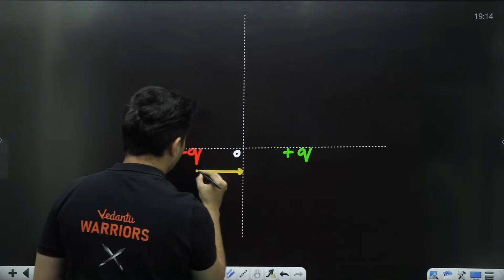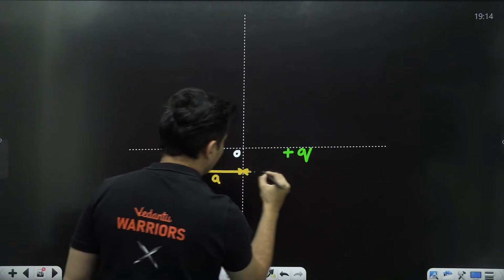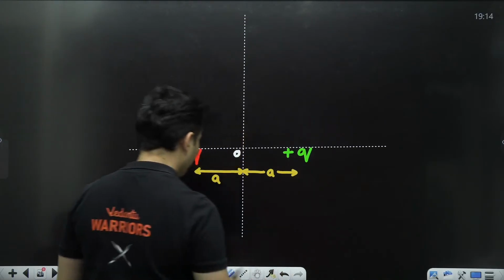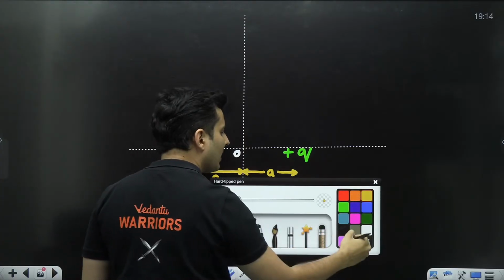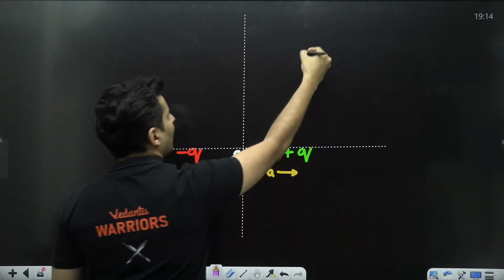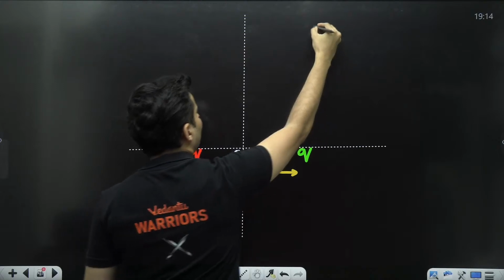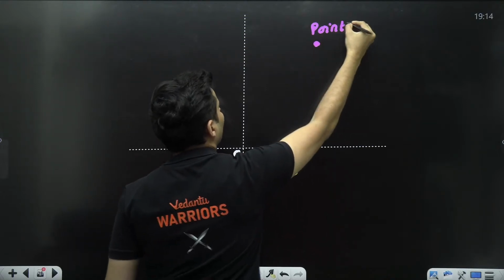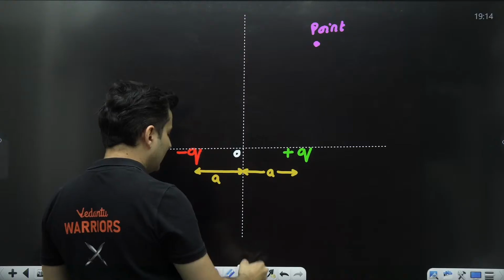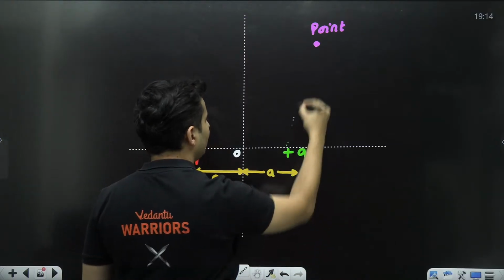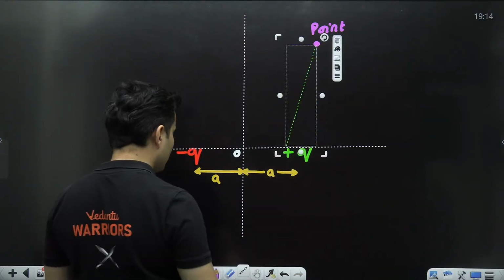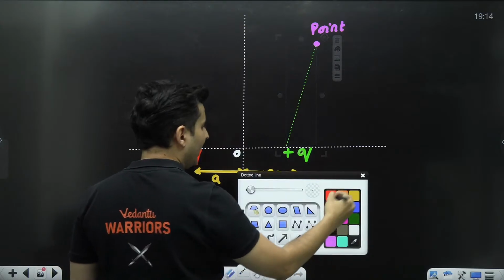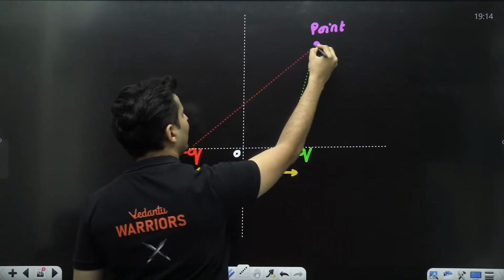This is basically A, this is also basically A, and you consider any random point, guys. Let's say this random point is right over here. Then that point from the positive charge will be at some distance, and the same point from the negative charge will be at some other distance.